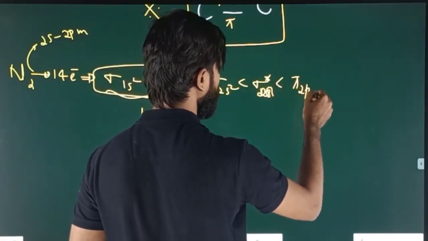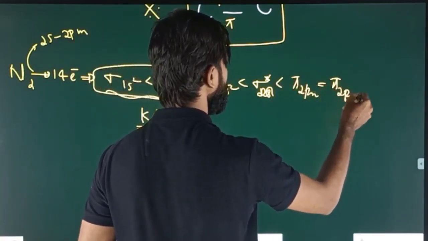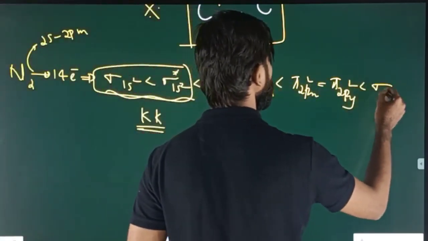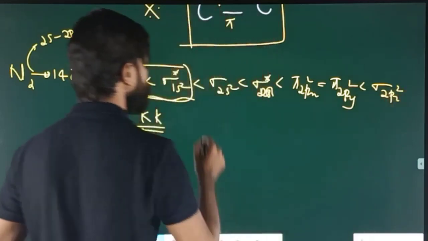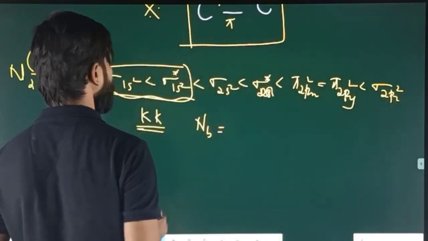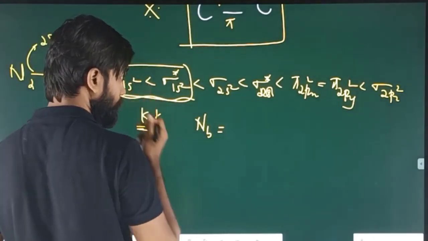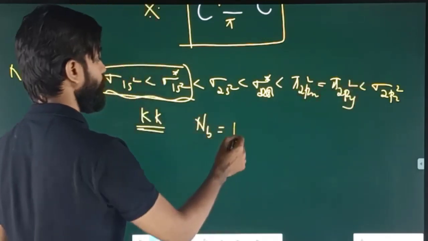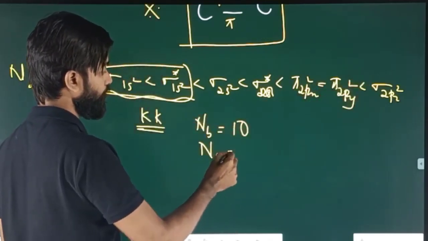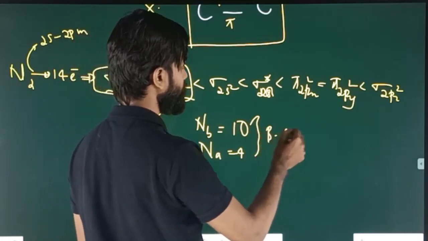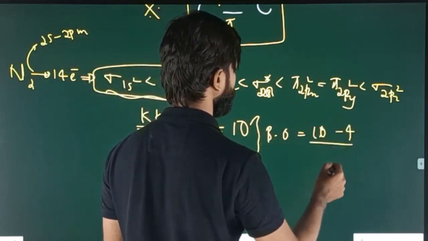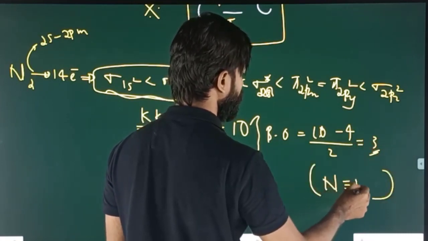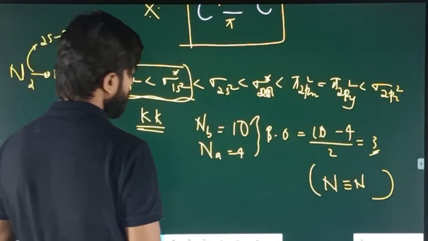So pi 2px equal pi 2py, where here is 2 electrons, 2 electrons, and 2 more electrons there, which go to the sigma 2pz. So the number of bonding electrons is 10, with 4 anti-bonding electrons, where the bond order is 10 minus 4 divided by 2, that's equal to 3. And we all know that in the case of nitrogen, the bond order is 3. Okay, fine.